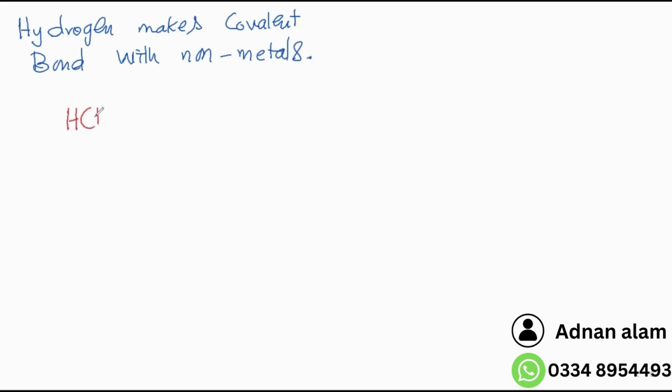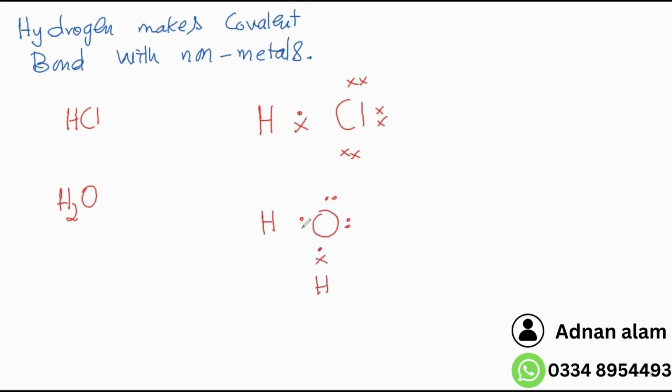Now H and Cl both are non-metals, so the dot and cross diagram will be like this, because chlorine has 7 valence electrons. So this is how you need to make the dot and cross diagram for HCl. So with non-metals, hydrogen makes a covalent bond. Hydrogen tends to share electrons with non-metals. Like for water, oxygen has 1, 2, 3, 4, 5, 6 valence electrons. So one hydrogen here and the other hydrogen here. So hydrogen is sharing electrons with non-metals. So this was the discussion of ionic bonds.